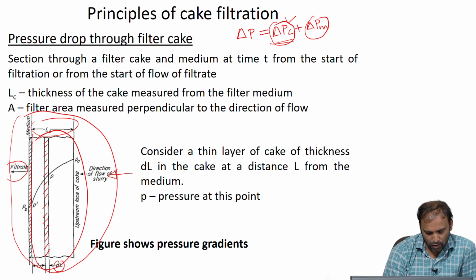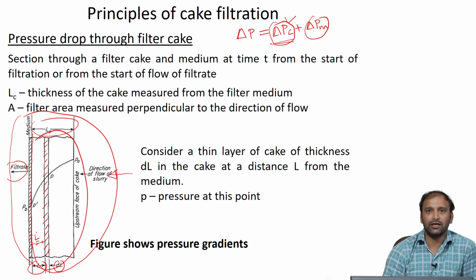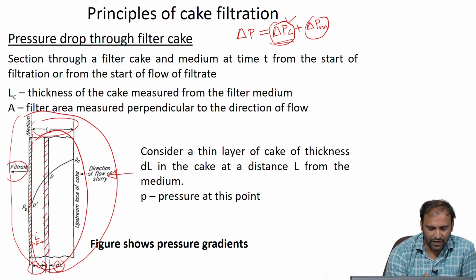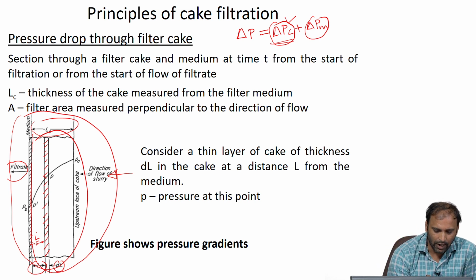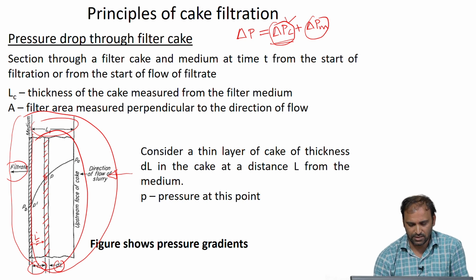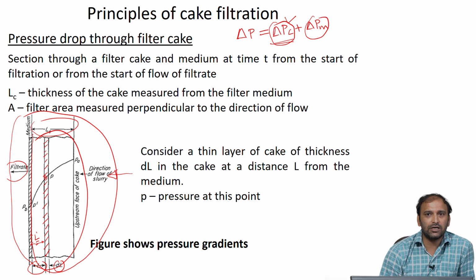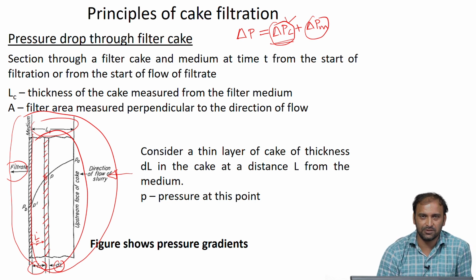This is located at a distance L. If the distance from the filter medium to that layer is capital L, we say that the pressure at that particular point is P.